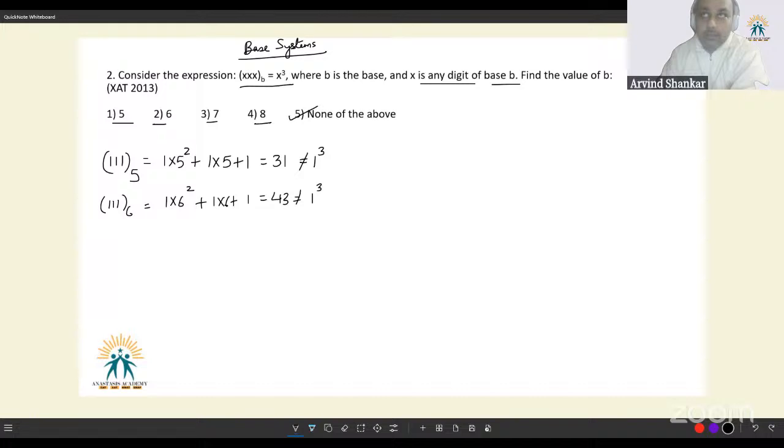So, bothering and worrying about नहीं कौन सा digit होगा क्या होगा. Perhaps another way we can go down this is यहाँ पर सीधा सीधा ऑप्शन चेक करना is the simplest path. Let's say अगर base 5 होता, then would I have stated the value would be x into 5 square plus x into 5 plus x.